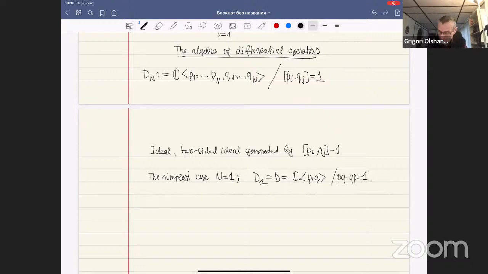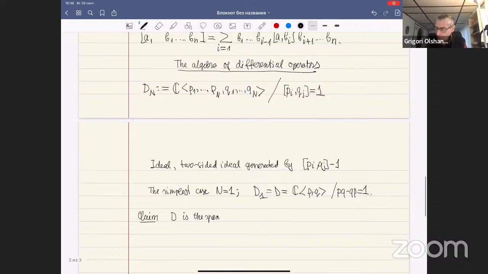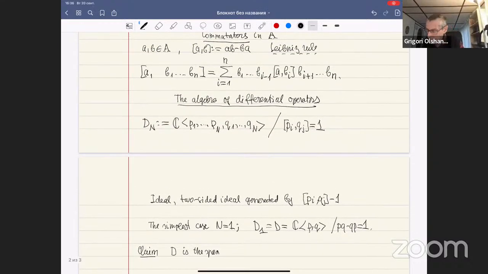So we have a simple claim. So this algebra is the span. I'm sorry, shouldn't we include some relation between Pi and Pj and Qi and Qj? Ah, yes, you are right. I'm sorry.